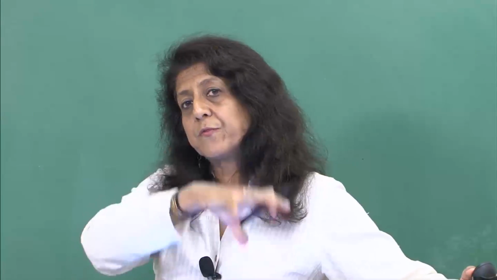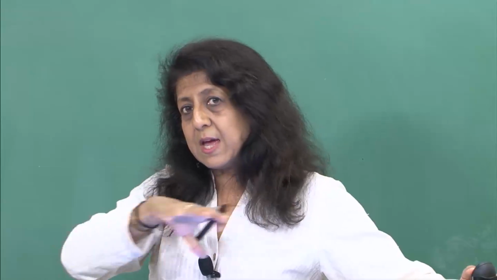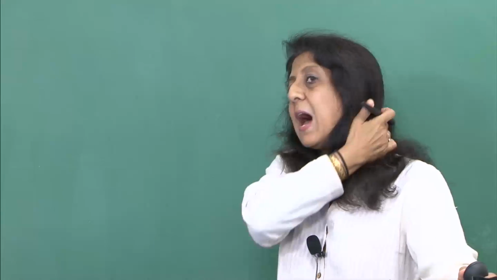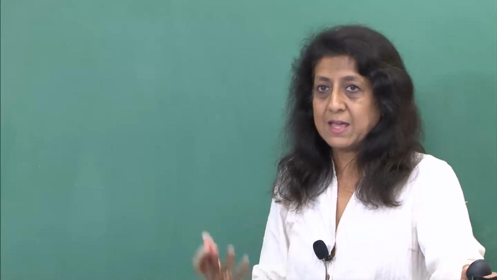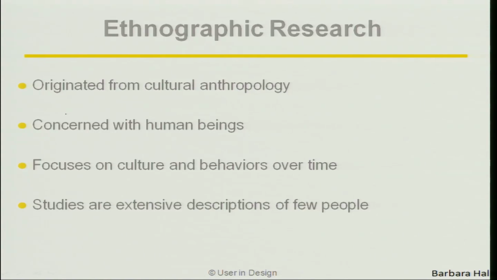When tribes moved from one place to another, they would study them over, let's say, a period of 2 years and see what changes happened, how their behaviors, their characteristics, their way of life changed. So that is where it comes from, right? And the studies are extensive descriptions of a few people. So this is what ethnographic research is all about.